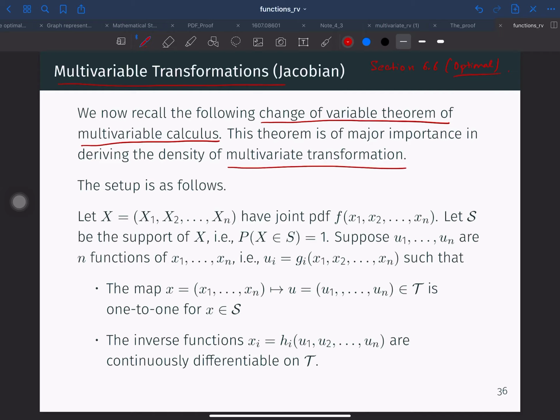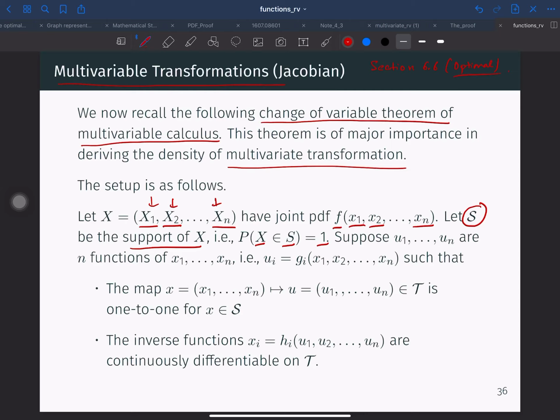We have a collection of n random variables, x1 to xn. Suppose they have joint PDF f(x1, x2, up to xn). And suppose I have this set S here, which is the support of x. What that means is that the probability that my random variable x, which is n-variate, belongs to the set S is equal to 1.